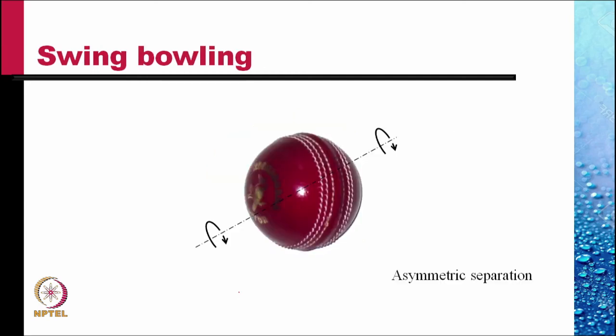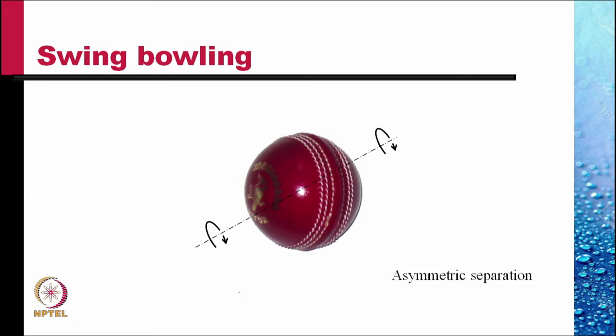However, swing bowling is a different ball game altogether. Here, the ball deviates from its path in flight, and that is due to asymmetric separation.